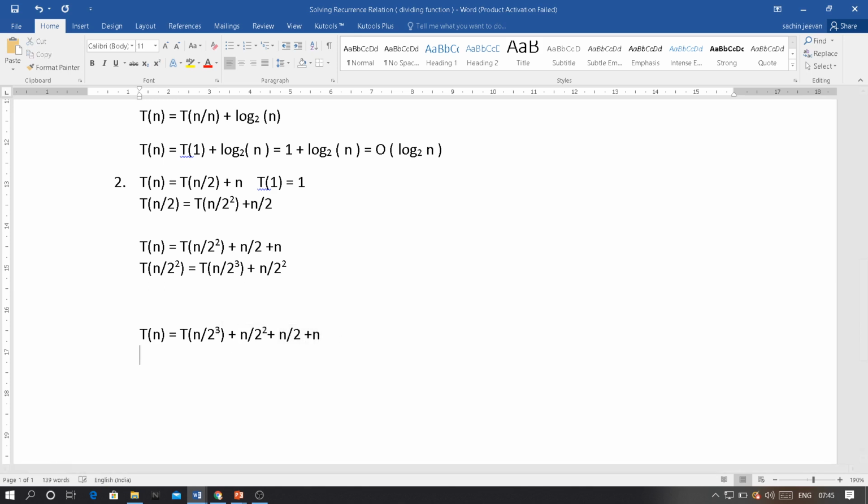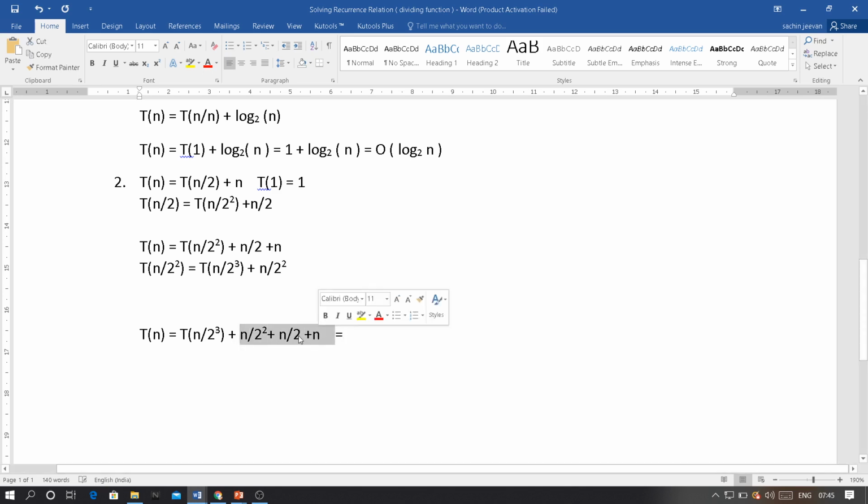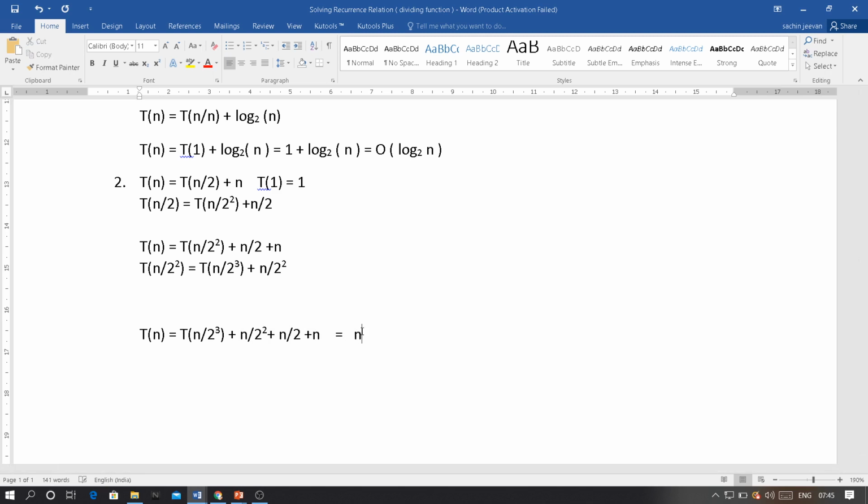How are we going to generalize this? I'll tell you. Before generalizing this, first of all I'll generalize this part and show you. For this part, n is a common term in all these 3 terms, so I'll take n common outside.